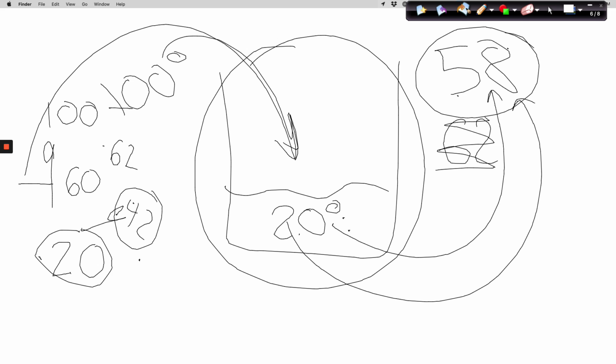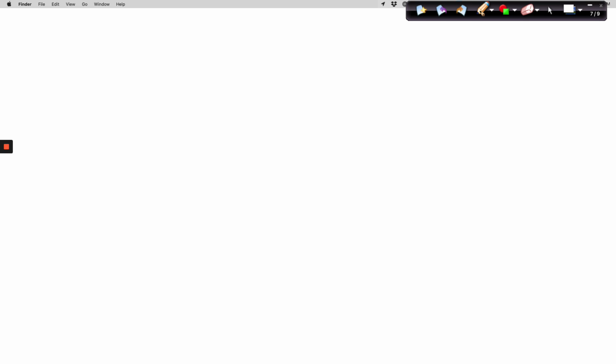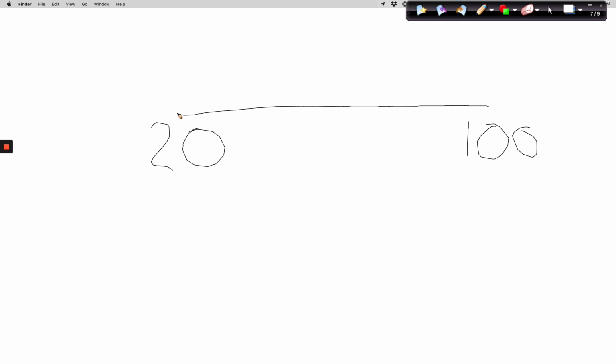So let's just use some general numbers. We'll say we started at 20, we threw in 100, and we ended up not at 60, but at 58. So guys, then we need to talk about how we're really going to deal with this.